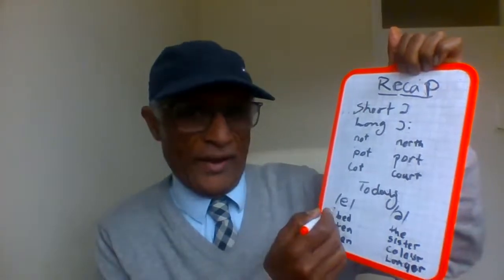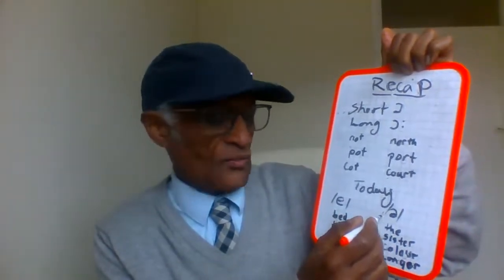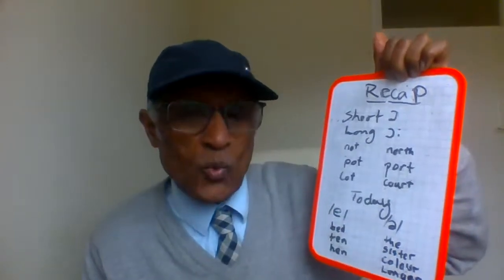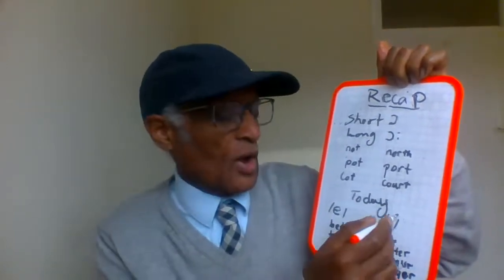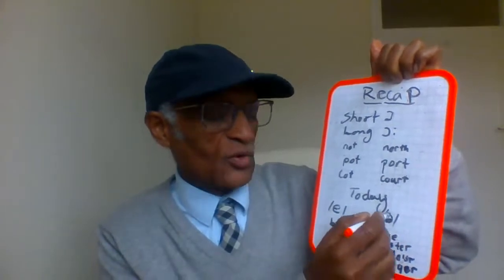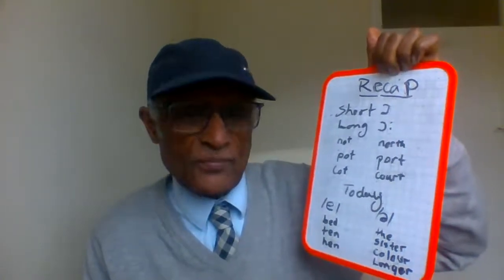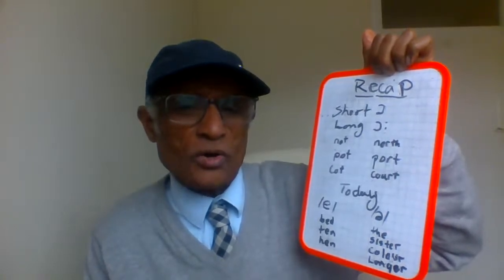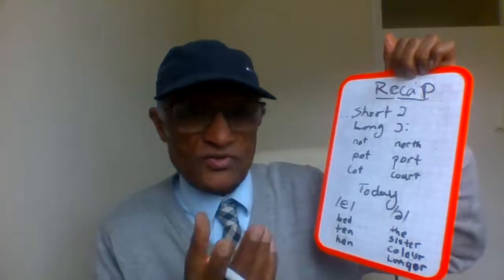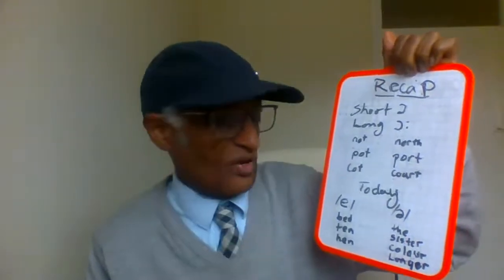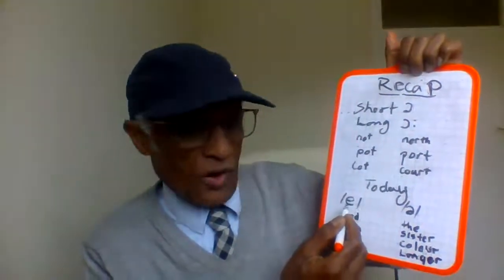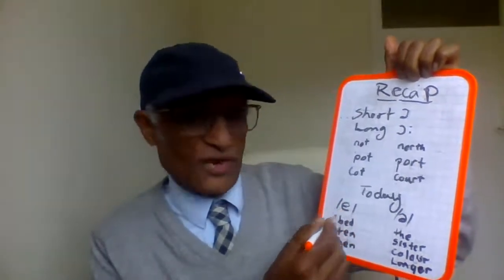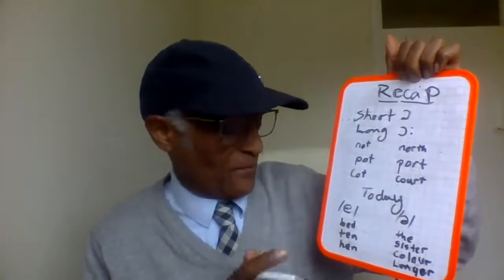This is strong and this is weak. Another name for the weak is schwa sound. Schwa sound. Okay, that's the phonetic name for it. All right, let's look at words that have got strong e.